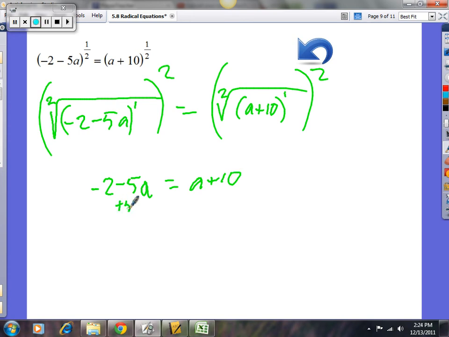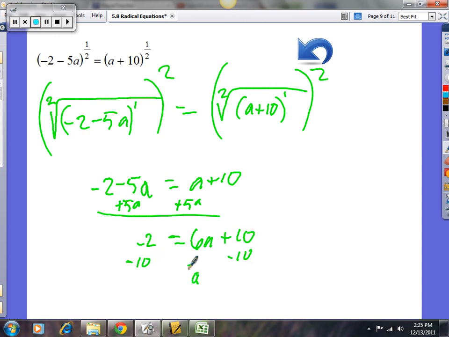Yeah. Plus 5a. So that's 6a plus 10. Over here is negative 2. Minus 10. 6a equals minus 12. A equals negative 2.